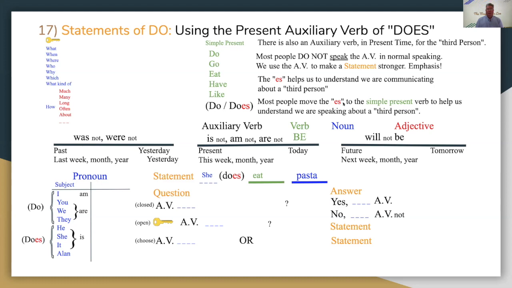Okay, so she does eat pasta is down here, but does, goes, eats, has, and likes. Most people don't speak the does eat. She eats pasta. She goes to the supermarket.